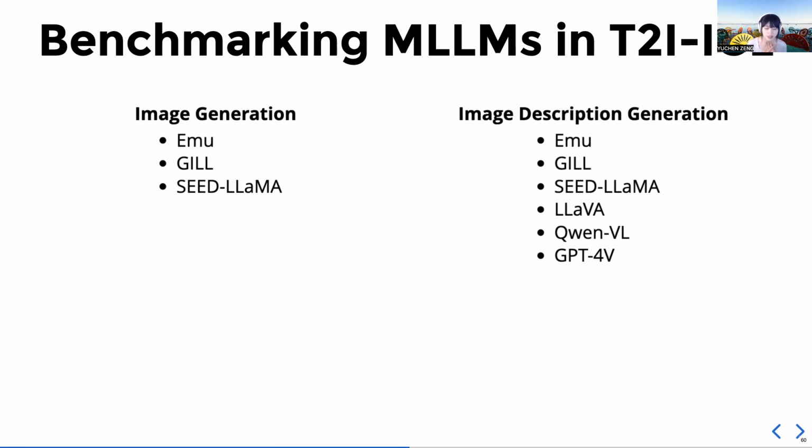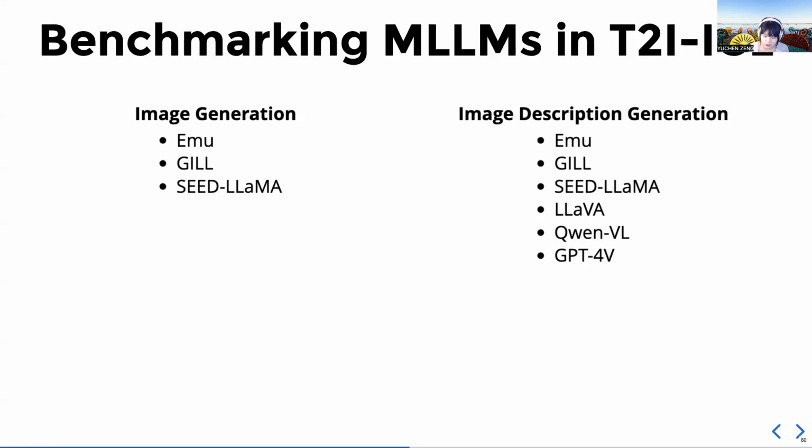Because one of the goals of our project is to evaluate whether those models are able to learn the mapping from text to image from the in-context demonstrations, we want to see whether they are able to learn from the demonstrations, especially in this T2I scenario.